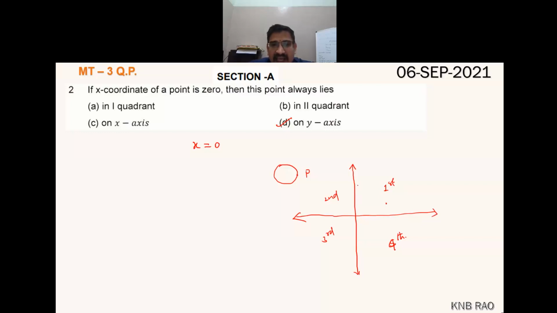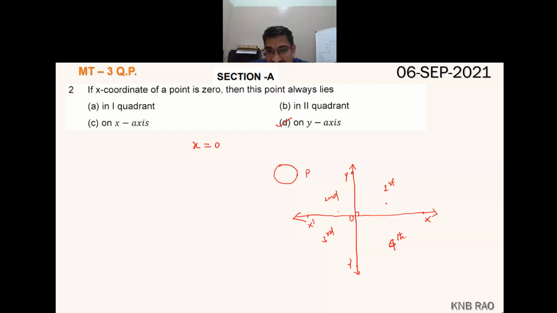So here, remember, the y-axis and x-axis are not parked in any quadrant. They are just dividing the 4 quadrants. Afterwards, we say OY is the positive part of y-axis, OY dash the negative part of y-axis, OX the positive part of x-axis, OX dash the negative part of the x-axis.